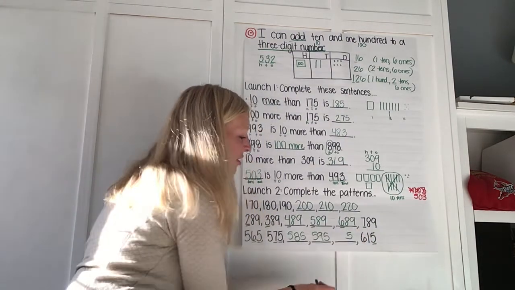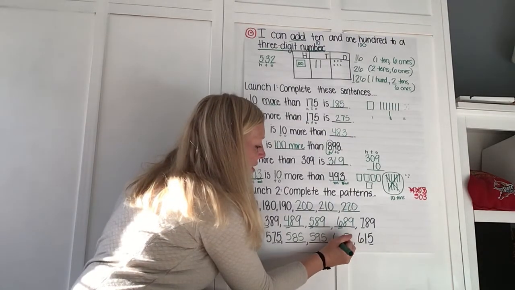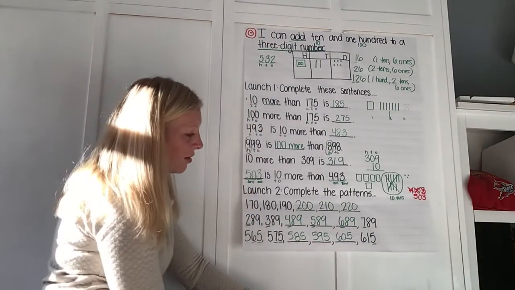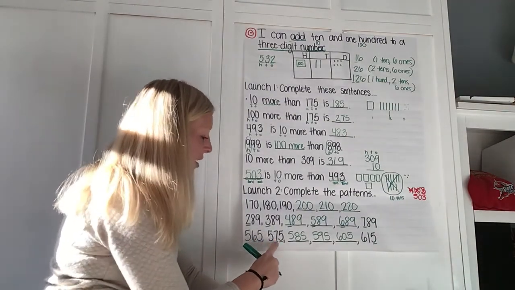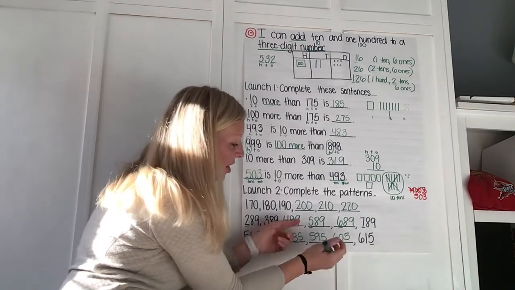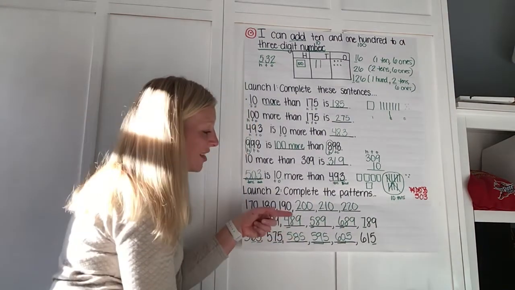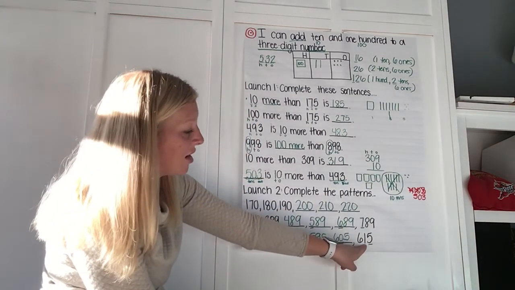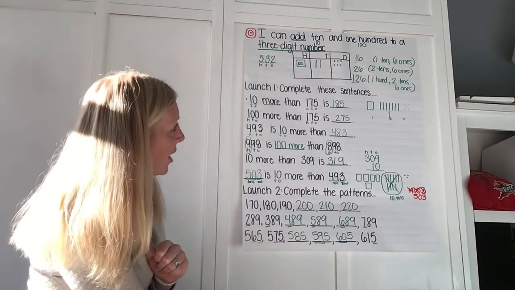Our 5 is going to stay the same in the ones, and then what? Why 60 tens? You're adding a 10 every time. So 6 tens to 7 tens to 8 tens to 9 tens to 10 tens. So we have our 59 tens, and then we can hop up to that 60 tens, and then we have another 10 here. So the tens place changes back to changing again.